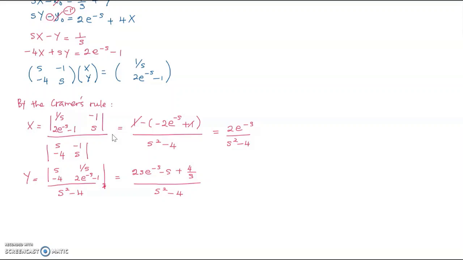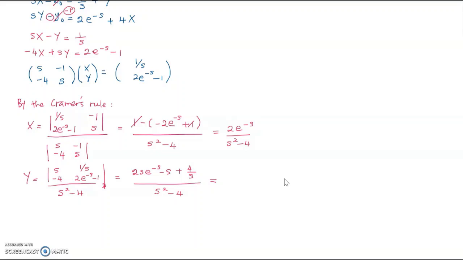We can imagine later we are going to find the inverse to the y, which means we need to get the inverse to this term here. So it is advisable to separate the terms at the top into a few terms so that it is easier for us to find the inverse later.